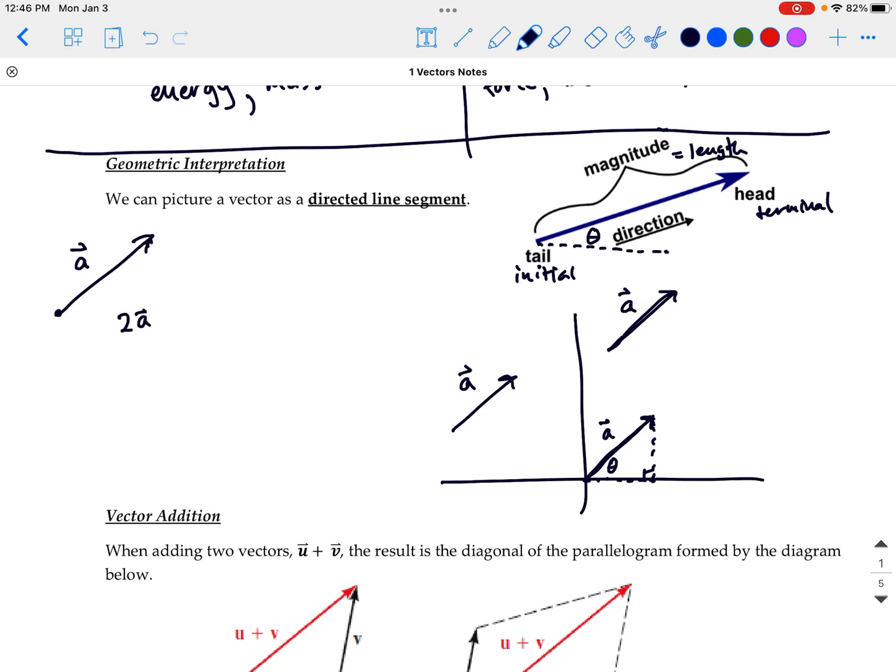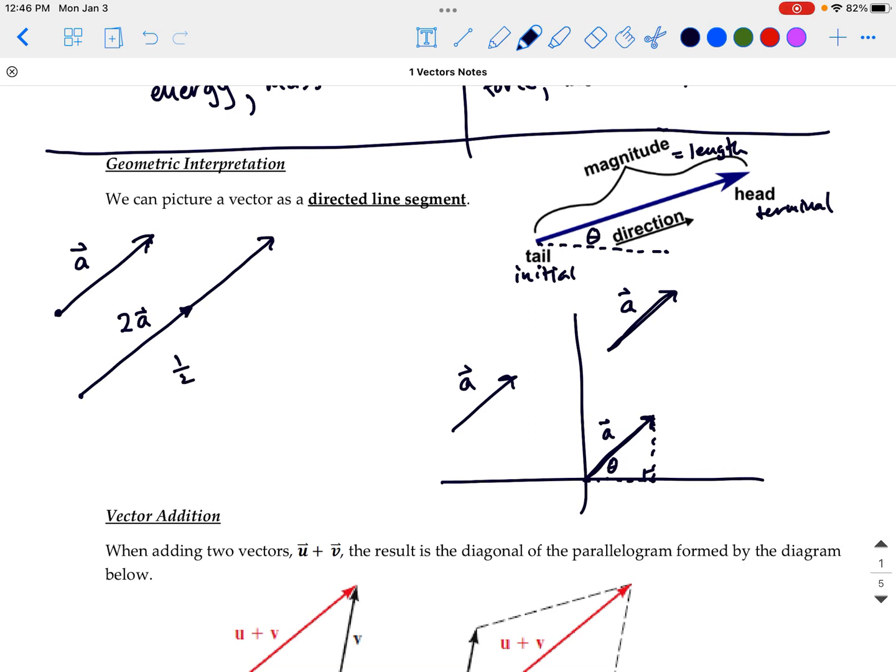So if I wanted 2 times A, I would get a vector that is the length of 2 lengths of the vector itself, but in the same direction. So if this angle was 30 degrees, say for its angle of direction, 2A would also have an angle of 30 degrees for its direction. And what we'll note here is that this is just going to be duplicating the vector twice onto itself.